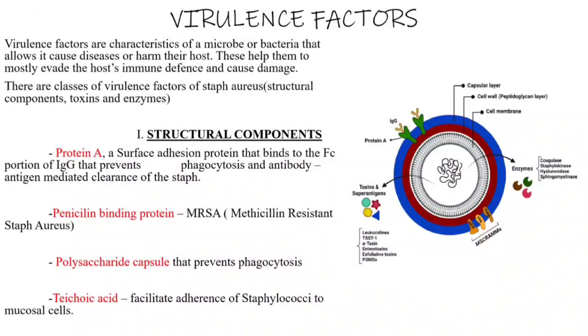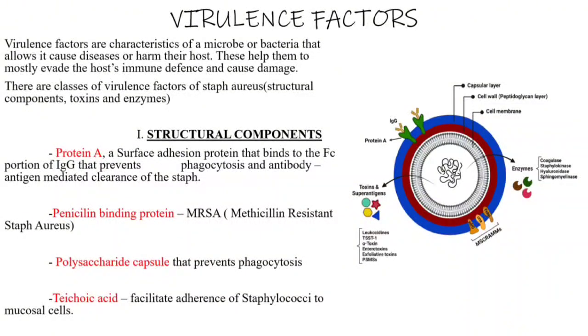So now let's talk about the virulence factors of Staphylococcus aureus. When we say virulence factors, they are characteristics of a microbe or bacteria that allow it to cause disease or harm the host.